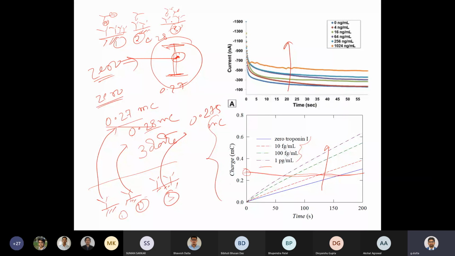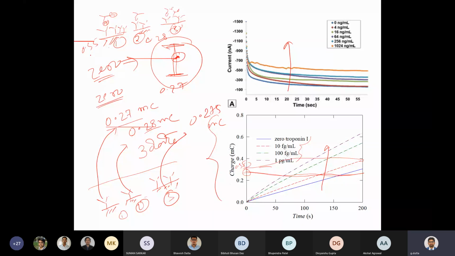To minimize the user error, that's why we are using 3 sensors, not only one. We are not considering only one sufficient for a calibration. At least you have to measure 3. So again for the 10 femto case, from the first maybe you are getting around 0.35 millicoulomb.